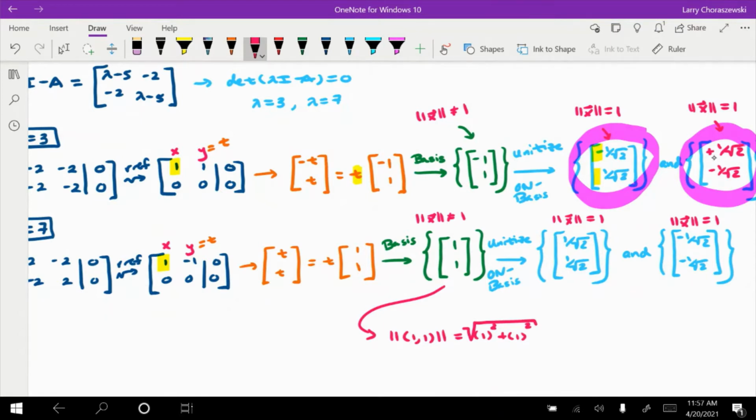So it's the Pythagorean theorem. So we square each component, so 1 squared plus 1 squared, and that will give us 2 inside of the square root. Oh, okay, I got it now. Yep. Thank you. No problem.